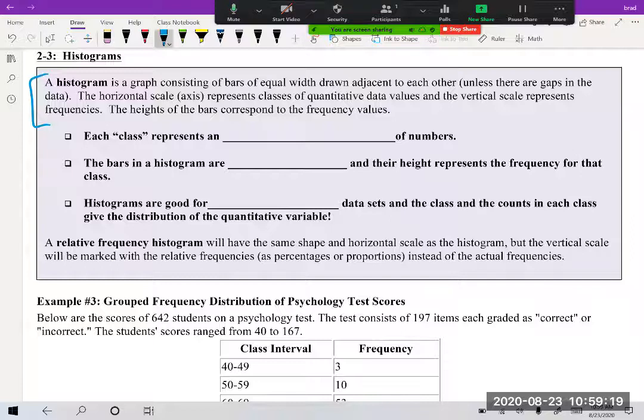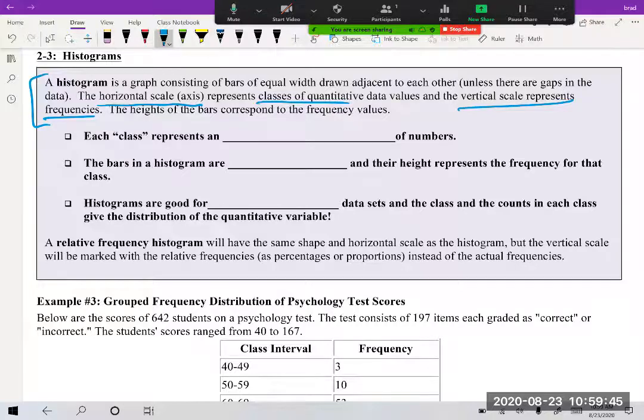So it says the horizontal scale, or the x-axis, represents classes of quantitative data values, and the vertical scale represents frequencies. So the y-axis, or vertical scale, will represent how many, how often, right? And the x-axis will be the categories.